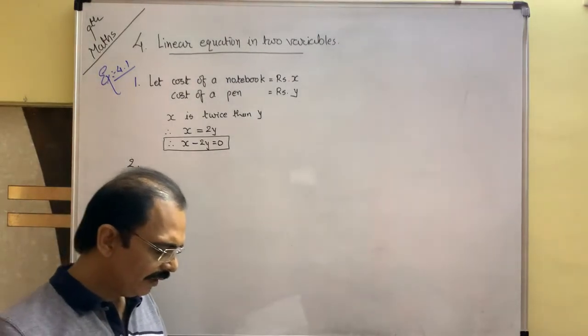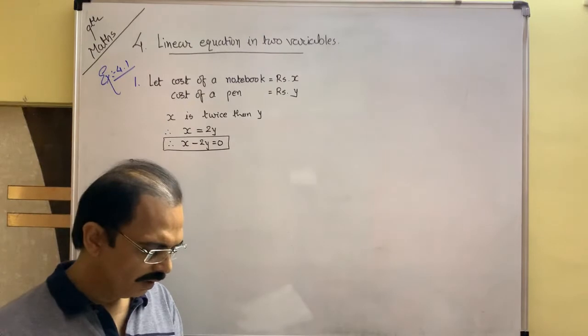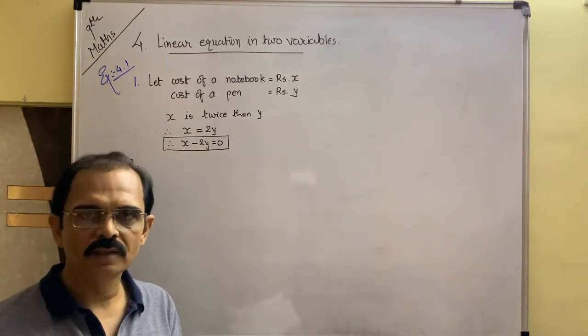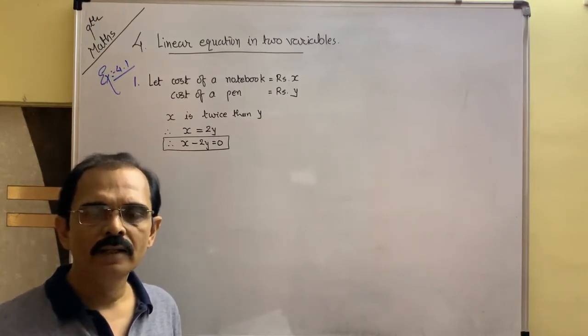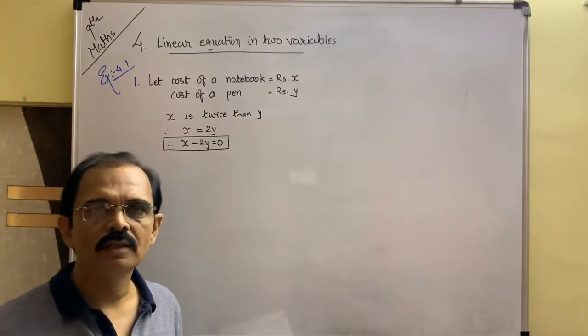Express the following linear equations in the form ax plus by plus c equals 0 and indicate the values of a, b and c in each case. You have to find the coefficient of x, the coefficient of y and the constant term after converting into standard form.